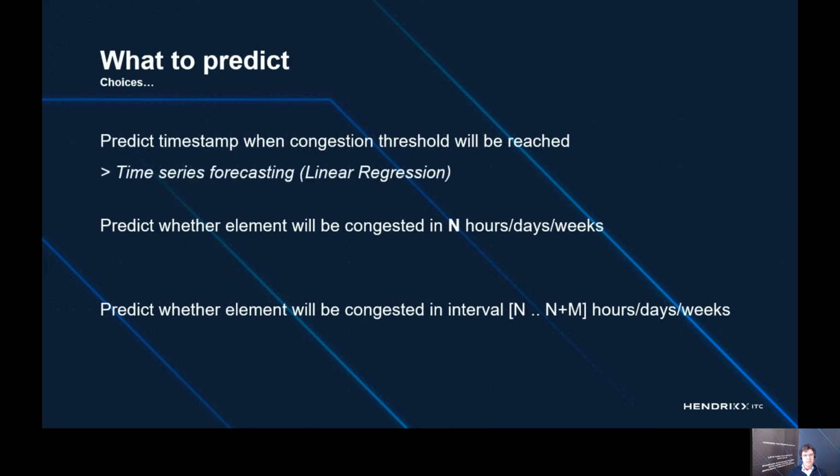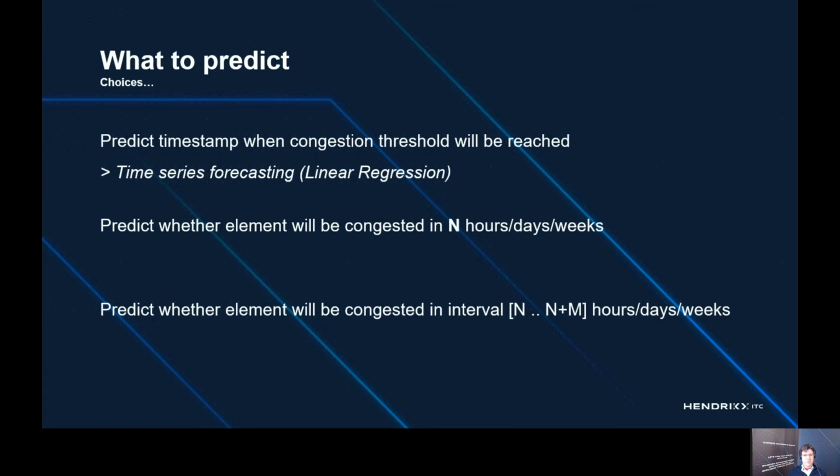And what I said, how you ask the question has impact on the way how to work with it. For example, if you want to predict a specific timestamp when a network element is congested, you can do this with time series forecasting. And then you forecast a certain time series, some traffic time series, or network element resources time series.